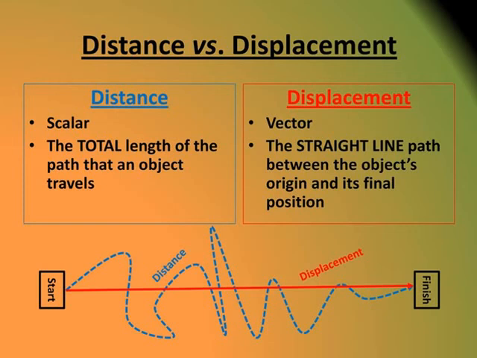It is the straight line path between the object's origin and its final position. So it is directed distance. So this is basically the difference between distance and displacement.